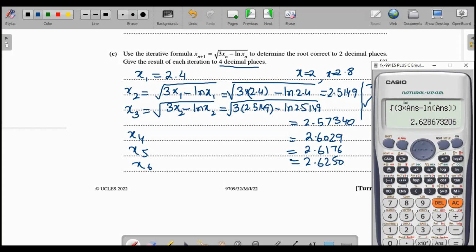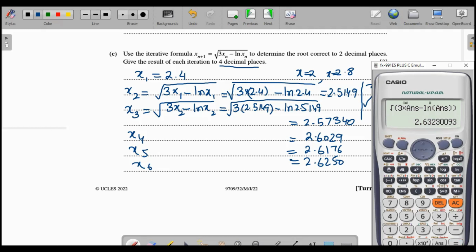Same as next, 2.6307, 2.6314, 2.6318, and same as 2.6320. And that value is repeated again, 2.6322, 2.6322, and you can see that.